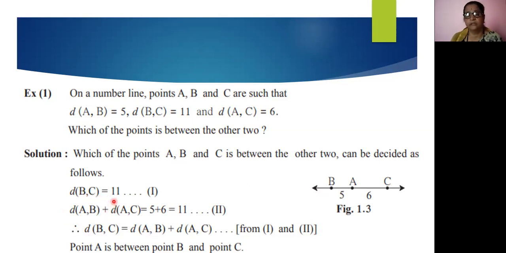And distance AB plus distance AC means 5 plus 6 is equal to 11. So distance BC is equal to distance AB plus distance AC. Therefore, point A is in between B and C.